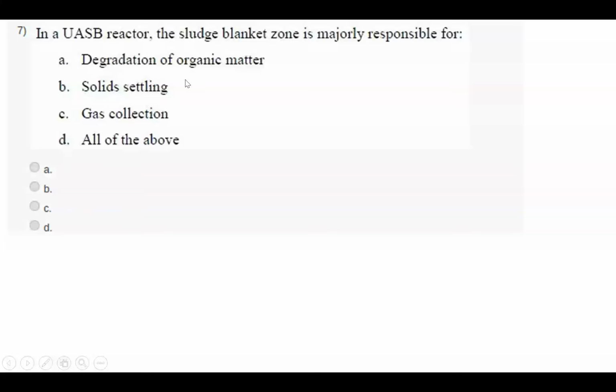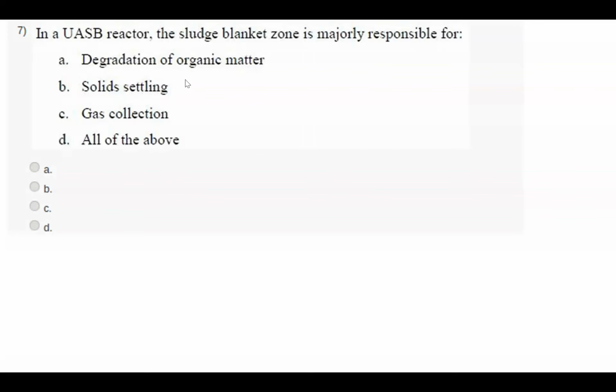Degradation of organic matter. See, when it forms a blanket, a lot of organisms are there, right? So when the wastewater inflow comes from the bottom, it hits the blanket, and the organisms in the blanket start processing the organic matter.